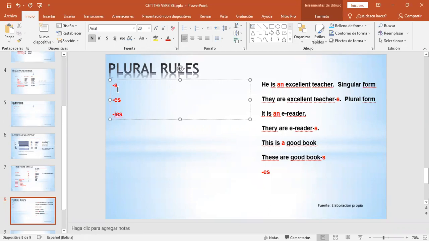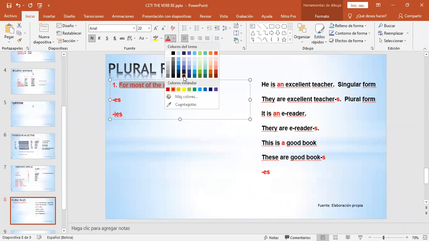For example, this is number one. When do you use S? For most of the nouns you use S to change from singular to plural.